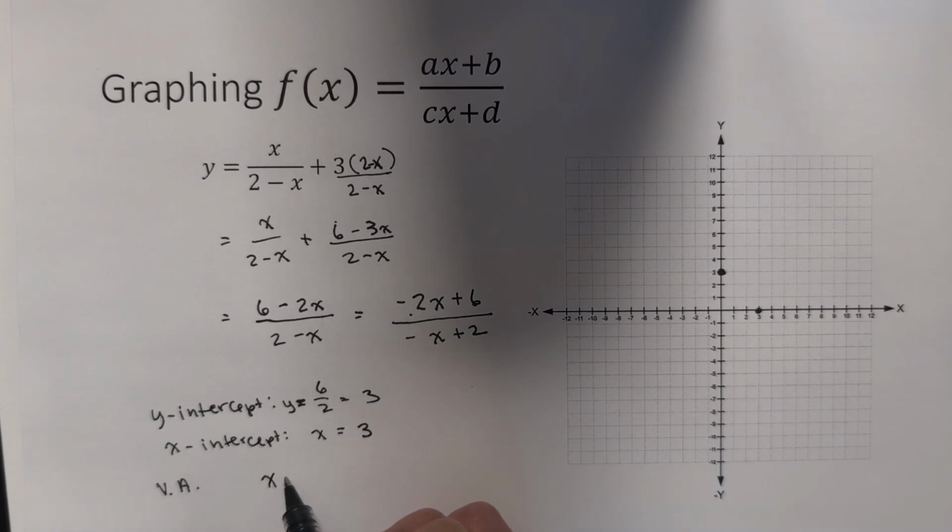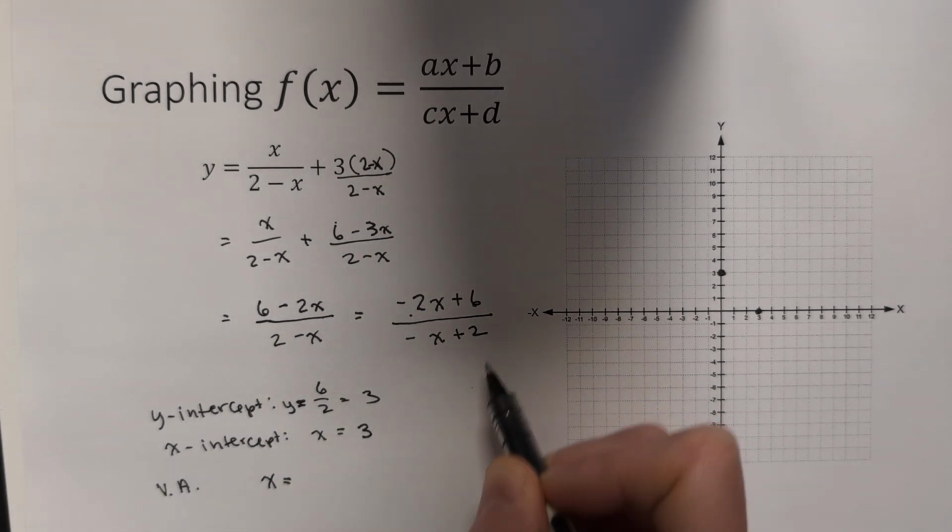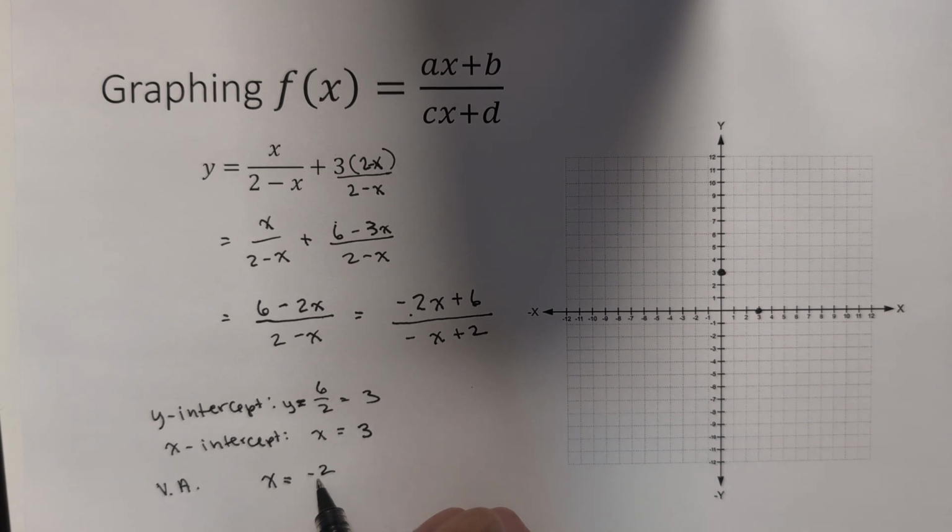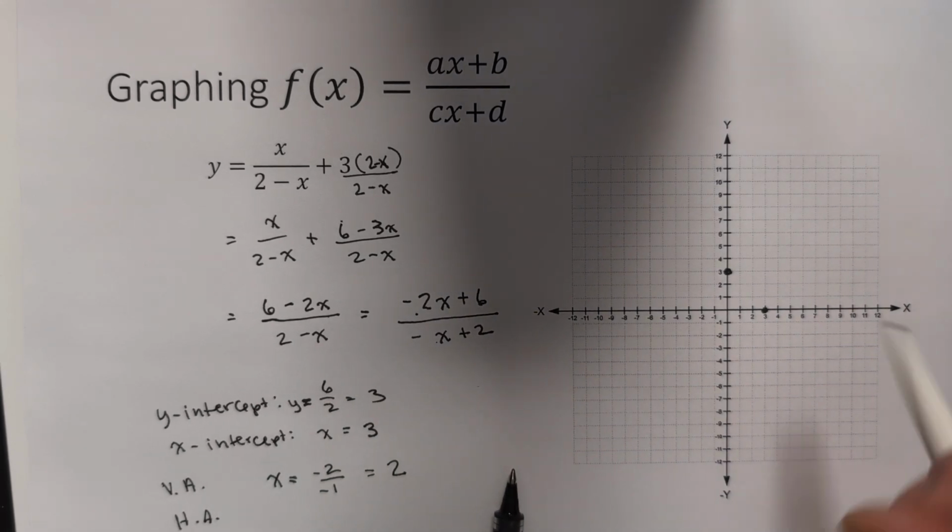And the vertical asymptote is where it crosses the x-axis. So x equals negative d over c. So negative 2 over negative 1 at 2. So x equals 2.